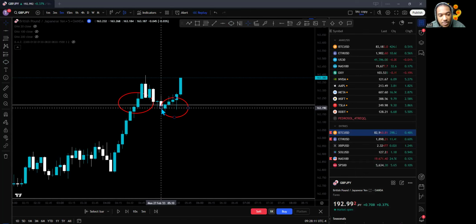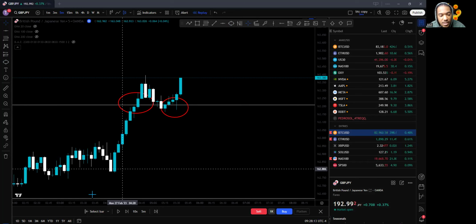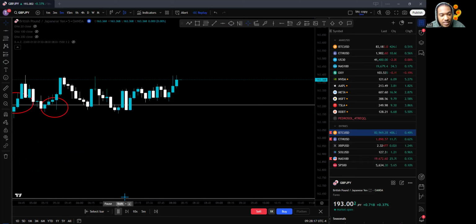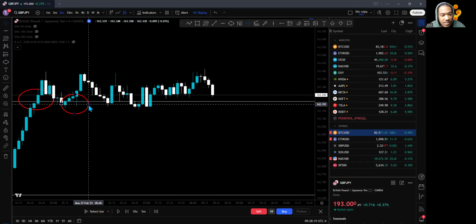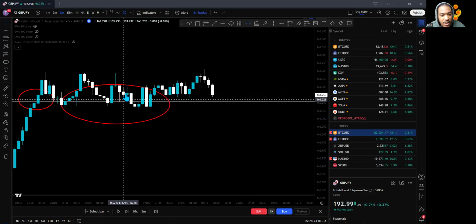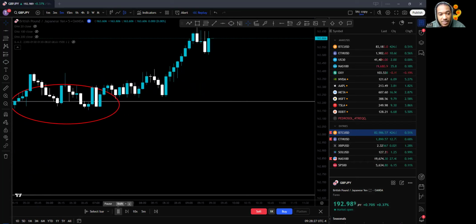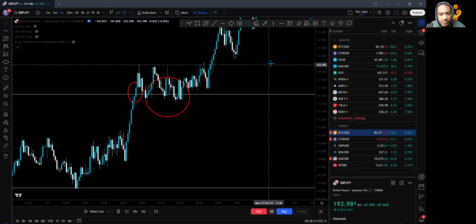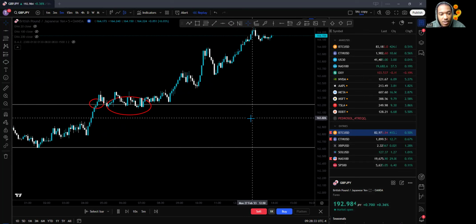Retest, price came down, closed in that area, and bounced right off of it, right? So all this right here, I consider all of this a retest. We have to find that support. And remember that everything is always an area. It's not a set price, and price ran all the way up.